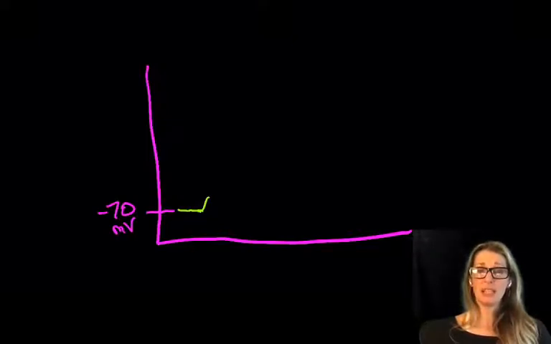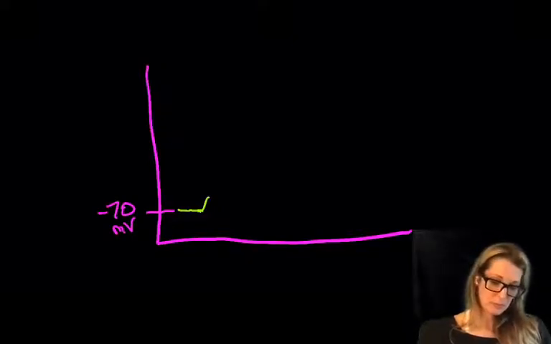It's going to start making it more positive. What is that? We have to have a depolarizing stimulus. If we're going to get to an action potential, we have to have a depolarizing stimulus.